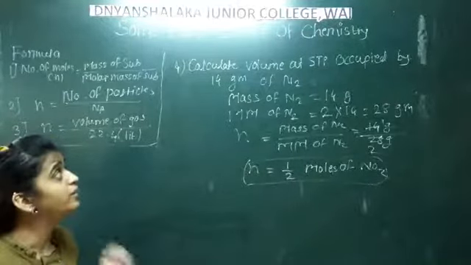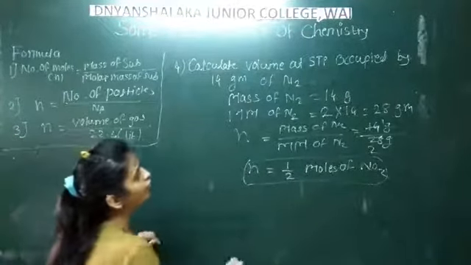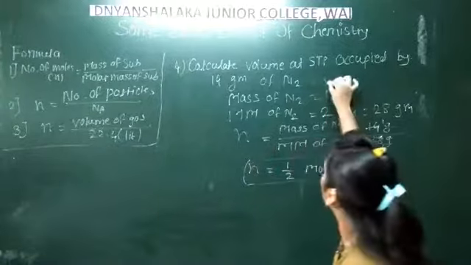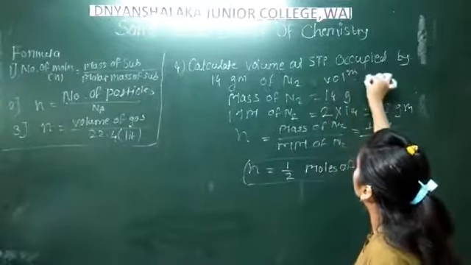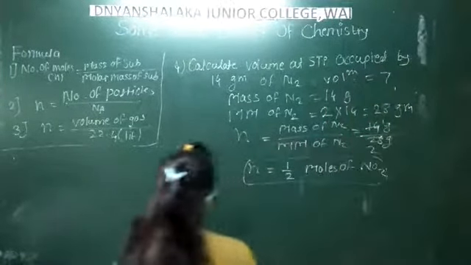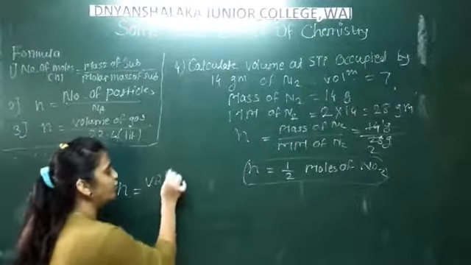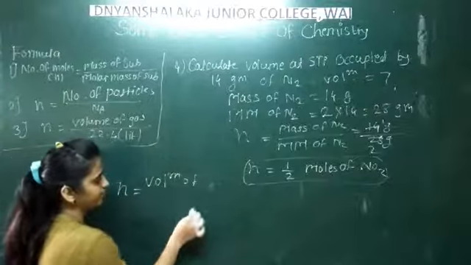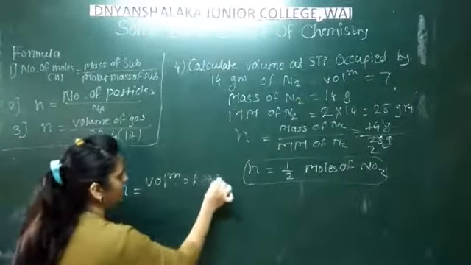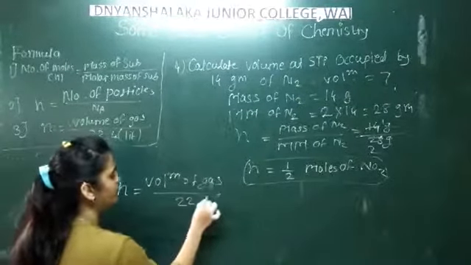But in this example we have to find the volume of gas. So we use the third formula: n is equal to volume of gas upon 22.4 liter.